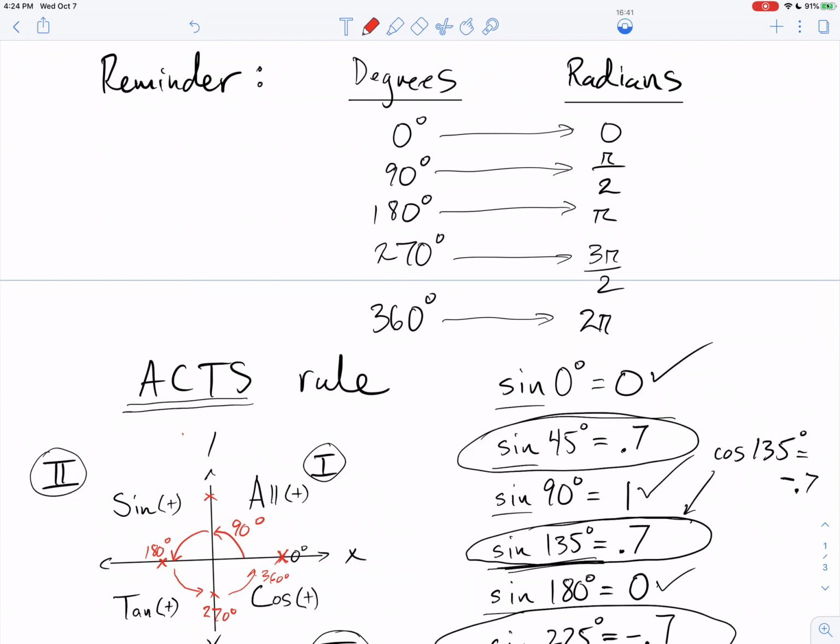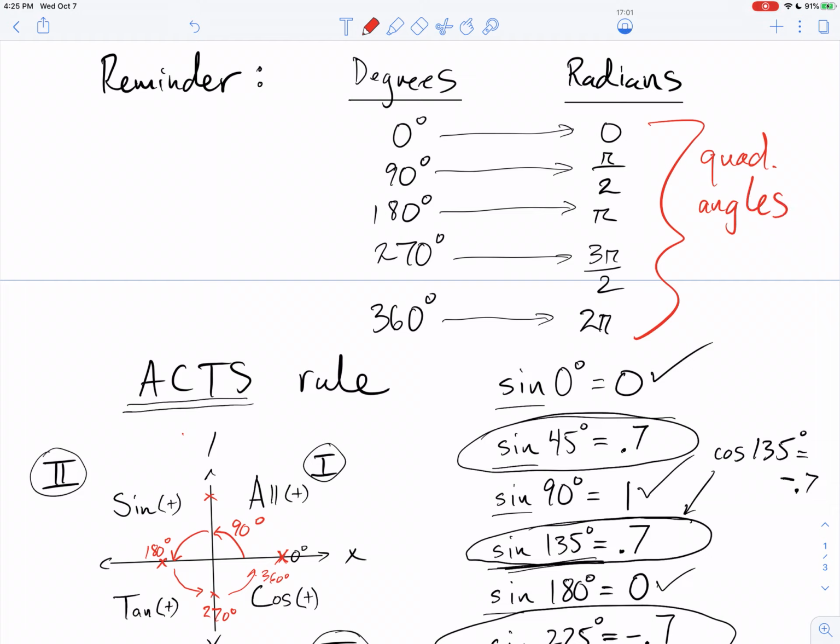Remember, these also have radian equivalents. So sometimes in the book, they'll make us work in radian. Sometimes they'll make us work in degree. So all of these guys here are the radian version of quadrantal angles. I ran out of room.